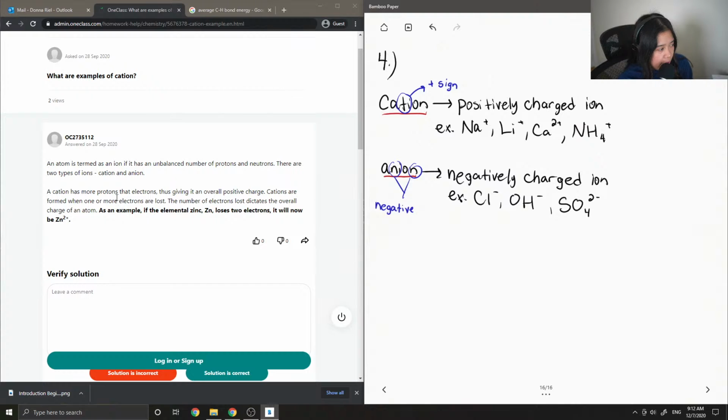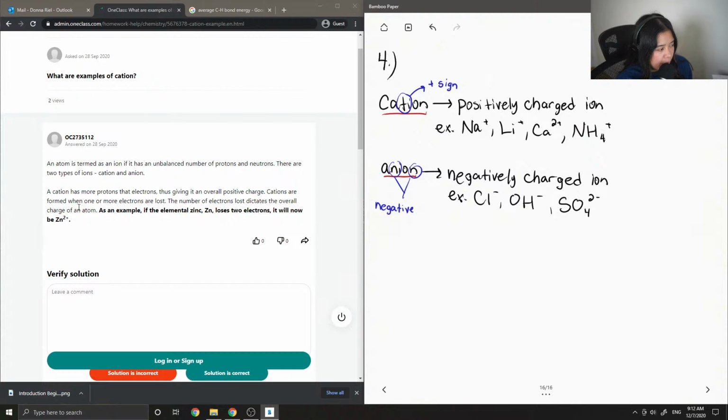So the junior tutor said, an atom is termed as an ion if it has an unbalanced number of protons and neutrons. I think they meant to say electrons. There are 2 types of ions, cation and anion. Cation is more protons than electrons, thus giving it an overall positive charge.